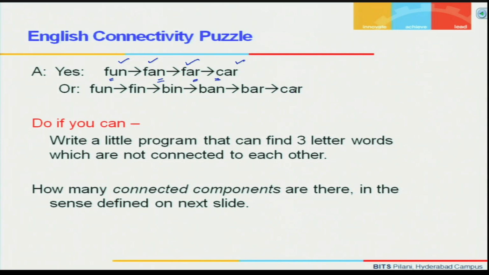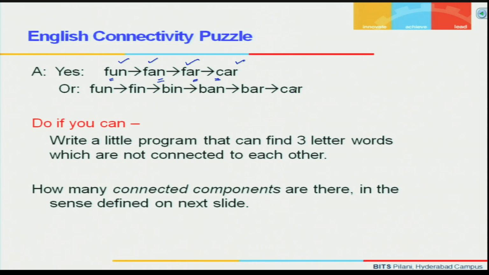Represent all of them by vertices and connect them if one can be derived from the other by replacing one character. If this is the graph, represent it and find out which three-letter words are not connected to each other.